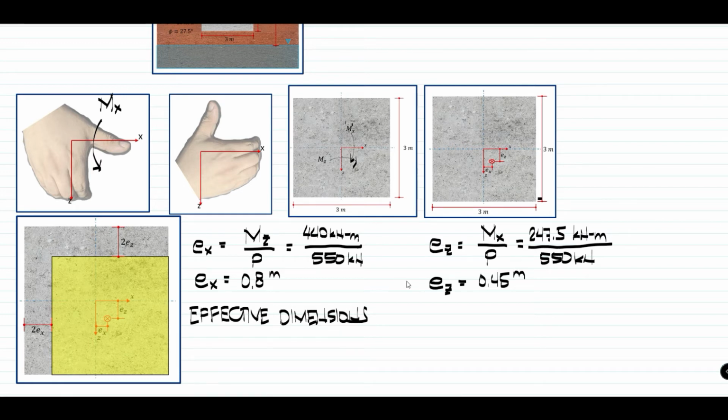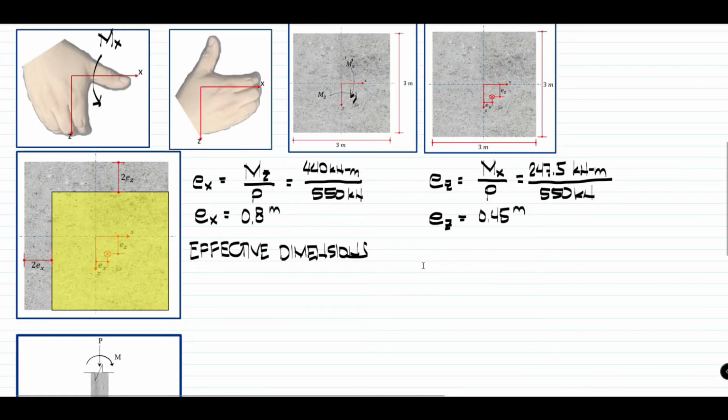So, dito, yung 3 meters na to, parallel siya sa E sub x. As you can see on the figure on this left side, kailangan natin siyang bawasan ng 2E sub x. And yung 3 meters na vertical is parallel sa E sub z, so kailangan natin siyang bawasan ng 2E sub z. So, ibig sabihin, itong area in yellow will be our effective area. Kaya nga siya tinawag na Meyerhof's effective area method.